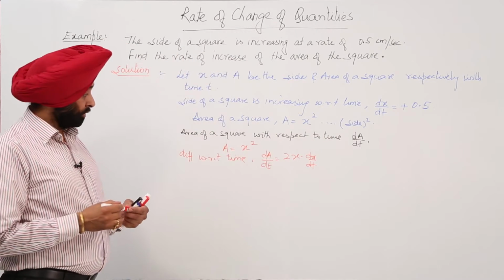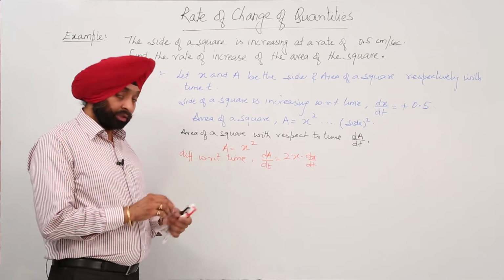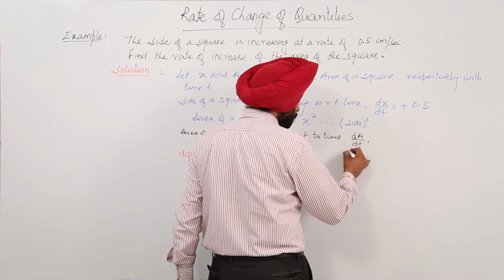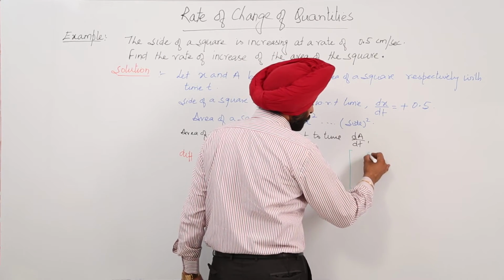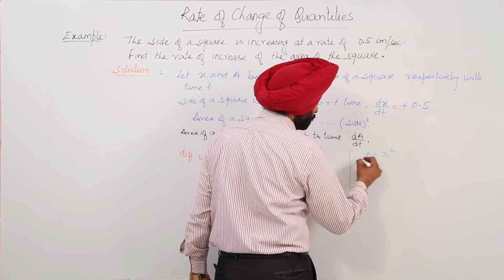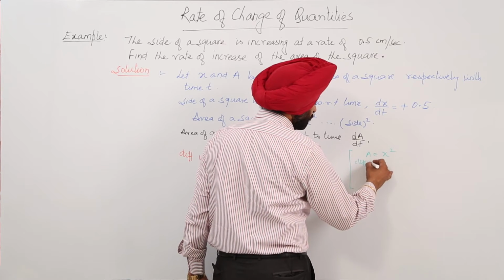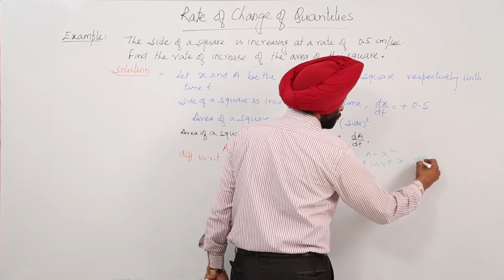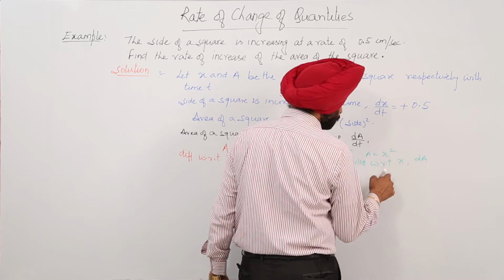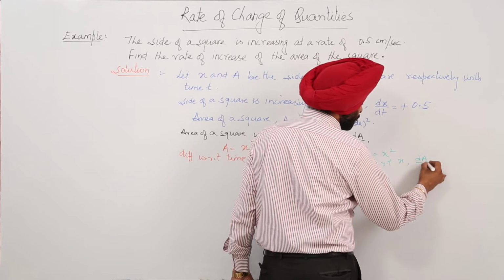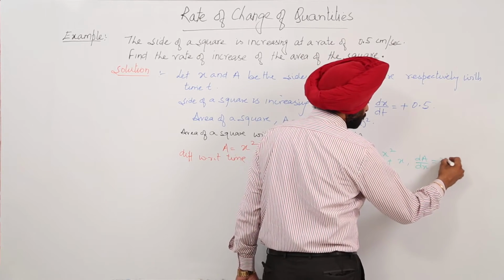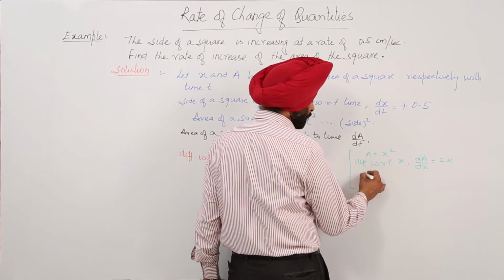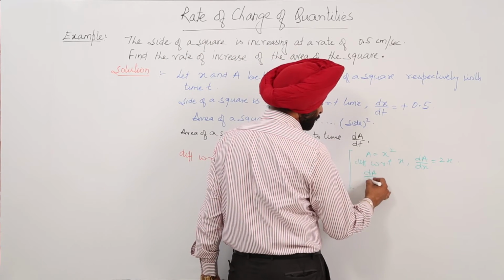Now what I have done here, we are going to do directly like this in all the questions, okay? But just look at what I have done. A is equal to x square. Now differentiating with respect to x, dA by dx is equal to 2x. Now what do we want? We want dA by dt.